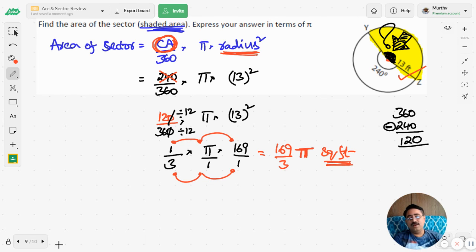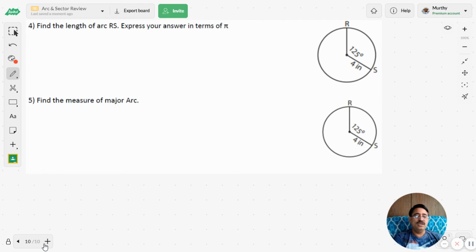Really quick, the last couple of questions are posted here. Oh my gosh, I see that both the questions are the same. Let me see the diagram. 125 degrees, 125 degrees. Okay, let me read the question. Find the length of arc RS.